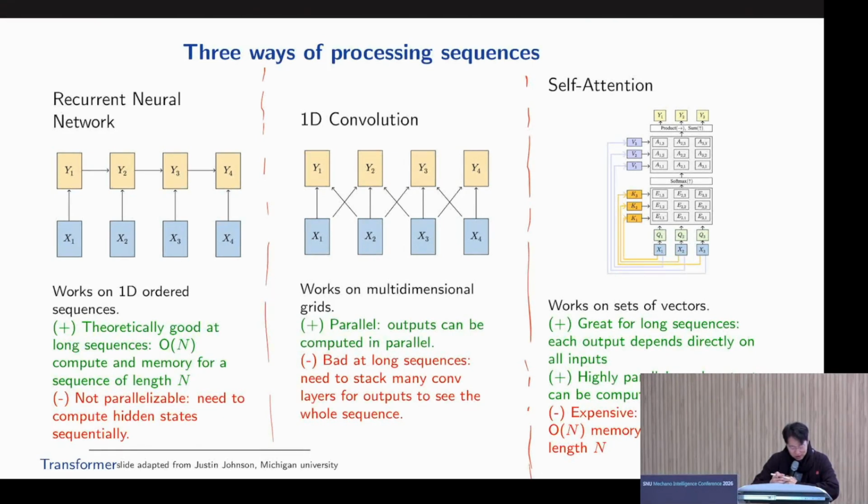The pro is that it's theoretically good for long sequences, and compute and memory for a sequence of length n is O of n. Compared to self-attention, where it's O of n squared to compute, and O of n memory for a sequence of length n.